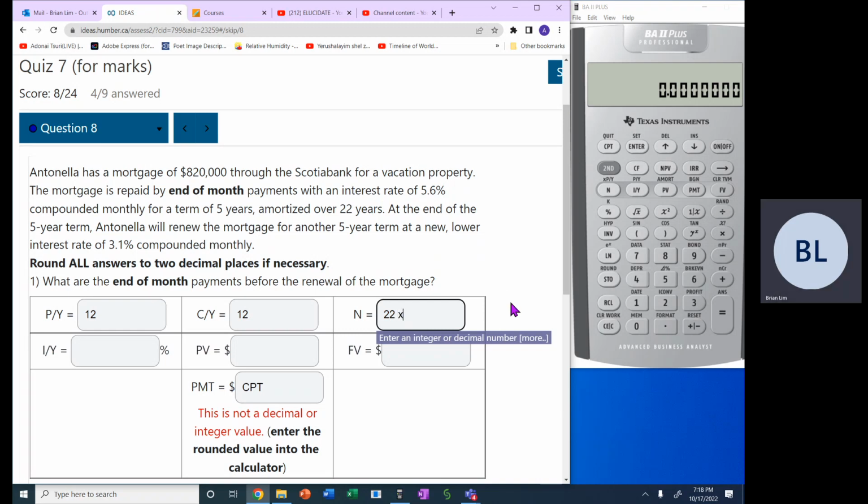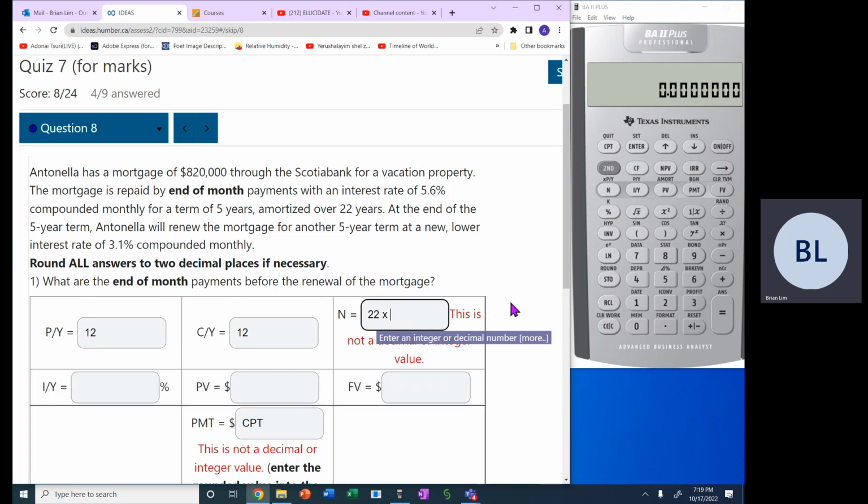Okay, so please do not get distracted by this 5 years. That is how the term works at the bank. The bank will not give you a rate for 22 years, but it's usually renewed. So that is why there will be a renewal.